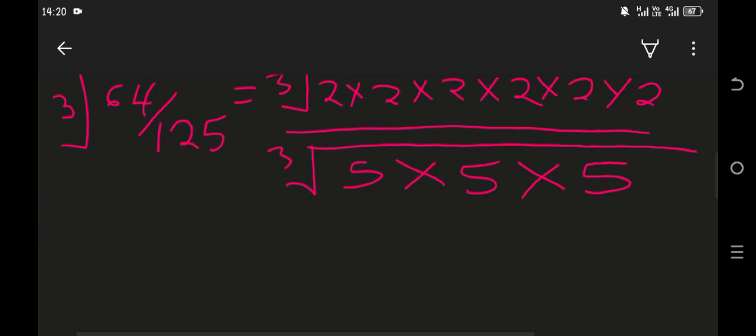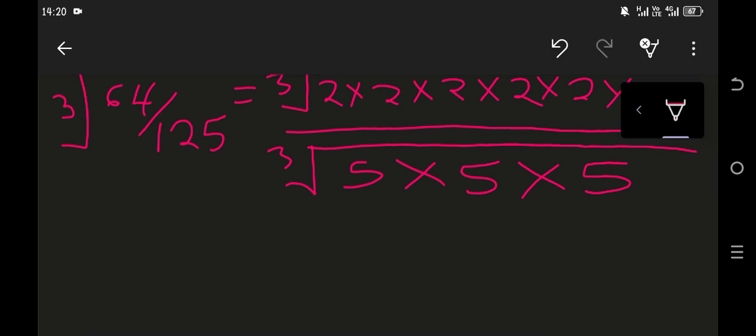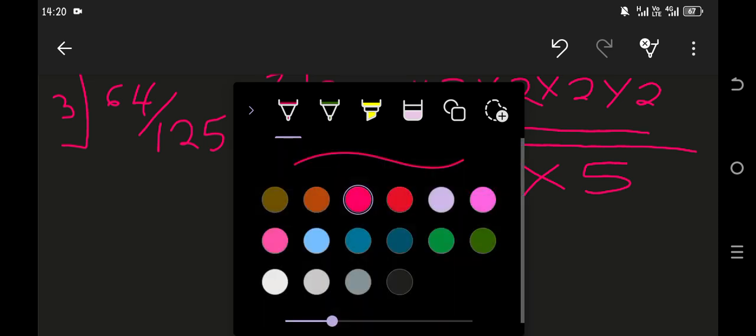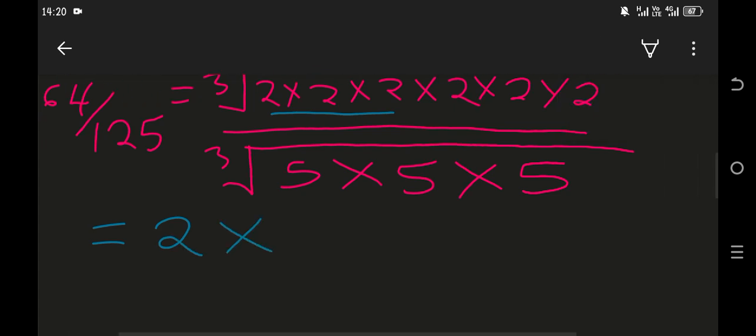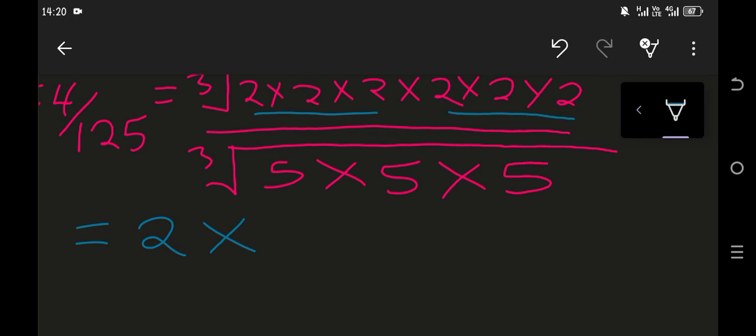So the next step is to pick one number from every group of 3's. So let us look at this. For this one, we'll pick 2, times, for this other group, we will pick 2, over, we only have one group here of 5, so we'll pick 5.